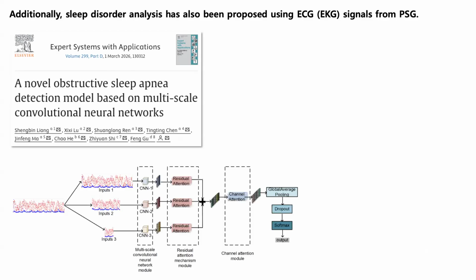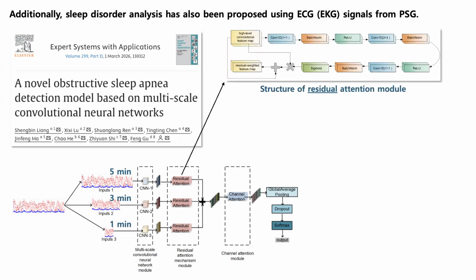When the input signal goes through this model, they try to capture the input signal in three different ways, like input data 1, input data 2, and input data 3, capturing different patterns: 5 minutes, 7 seconds, 3 minutes, and 1 minute. Then they go through the multi-scale convolutional neural network module and get a feature map, which is the extracted feature.